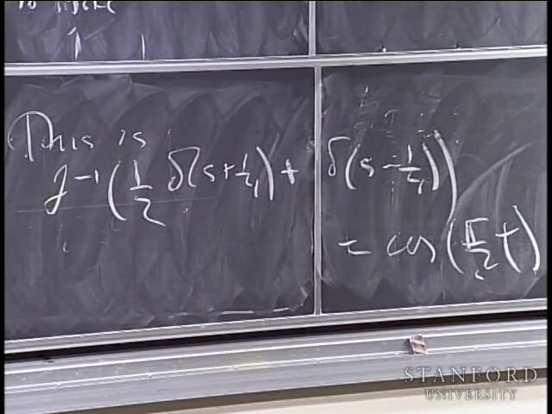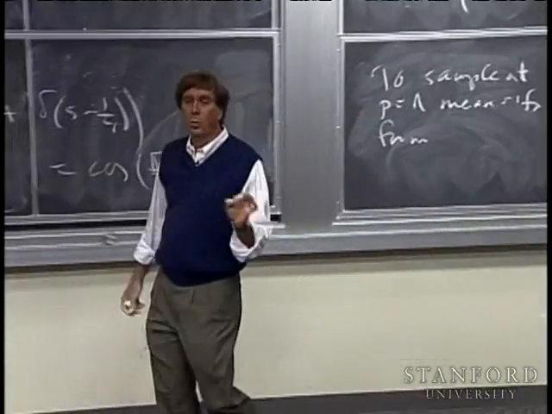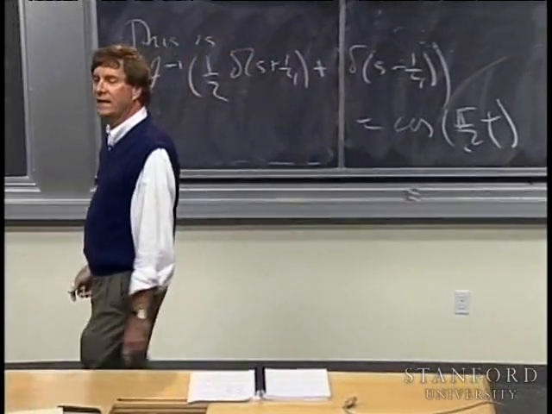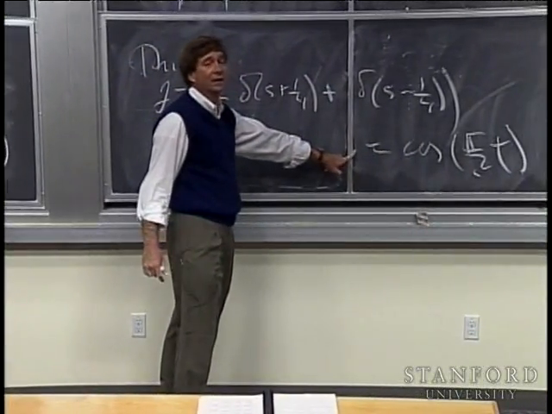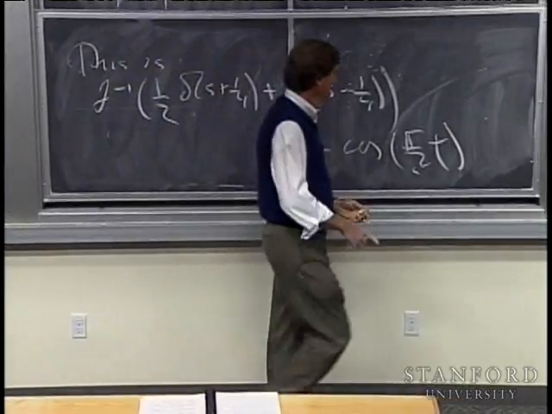All right? Deriving the sampling formula at the sampling rate 1, which is too small, has led to the function cosine of pi over 2t, not to the function cosine of 9 pi over 2 times t.